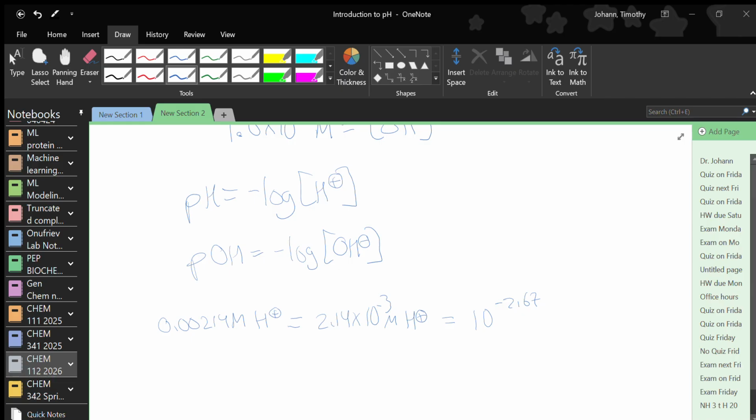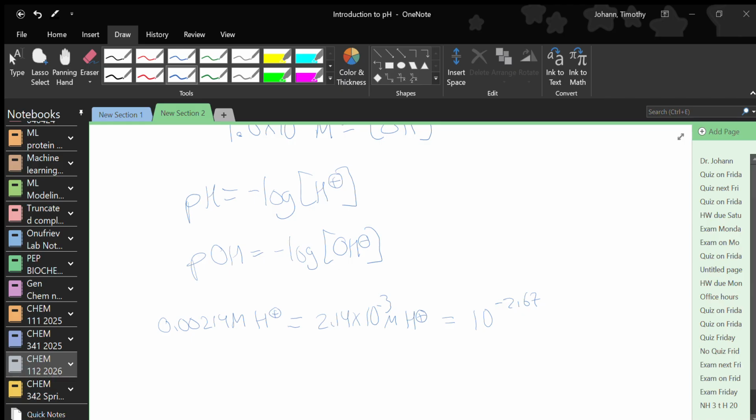All right, so let's do this. Take 10 in your calculator, raise it to the 2.67 and see if you get pretty much that. It's going to be a little off by rounding error. When I do that, that's what I get. So I'm going to go 2.67, make it negative, and then I'm going to take the log of it. Oh, it didn't like that. I must have done something wrong.